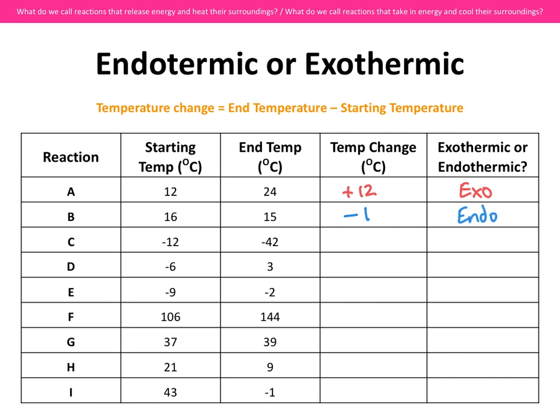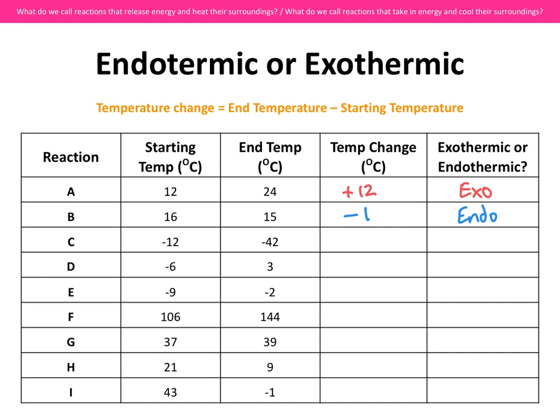So what I'd like you to do now is pause the video, on a piece of paper or somewhere, and do the remaining reactions C to I. Work out what the temperature change is using that equation at the top, and then decide whether that reaction taking place is exothermic or endothermic.